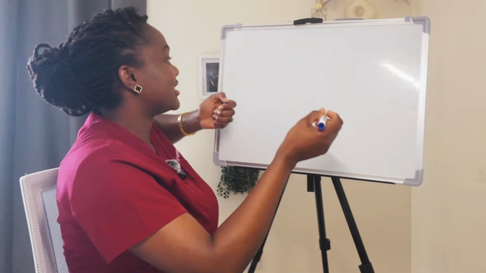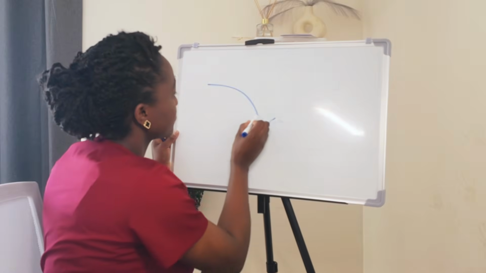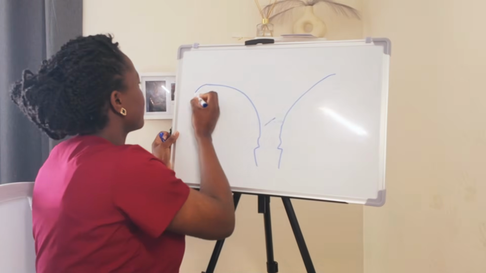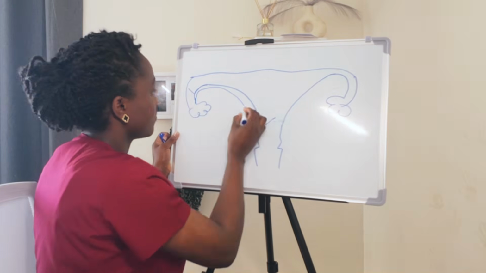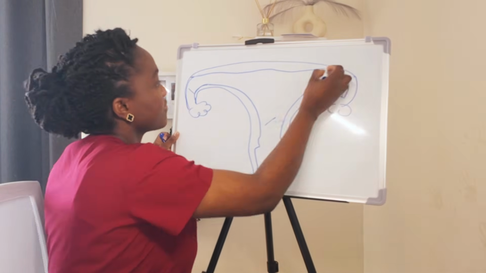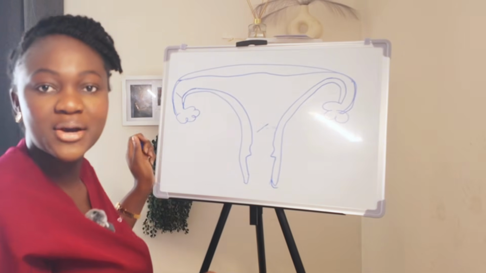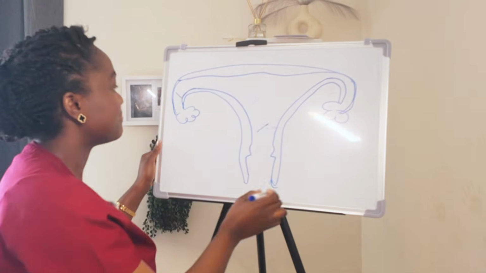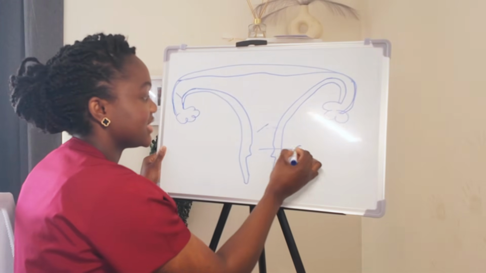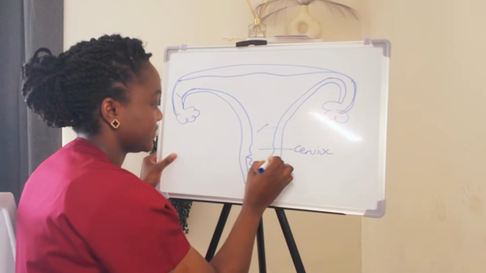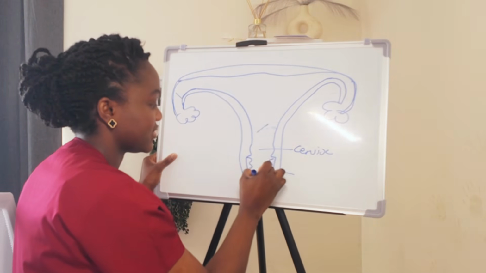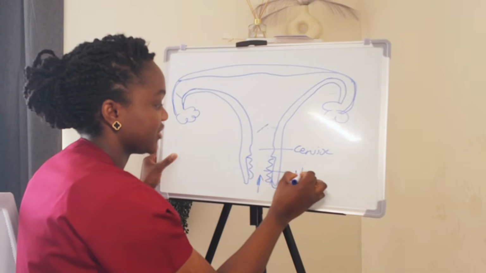So if you're familiar with the female reproductive system, you would know that this is the cervix, okay? This is the vagina. This is like the entrance of the uterus.